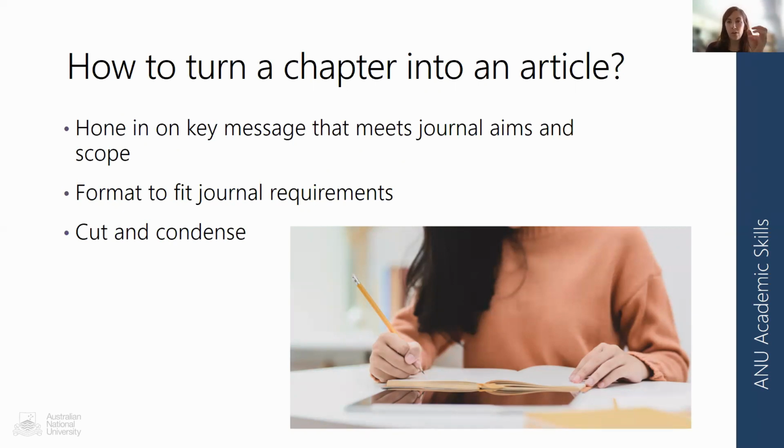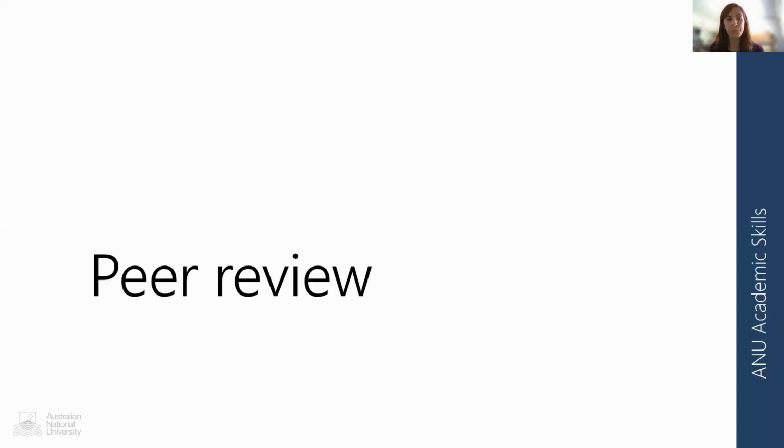You've got to think about really honing in on that key message kernel and then going through perhaps the IMRAD stages of intro, methods, results, discussion. But it's probably going to take a rewrite in order to do it, rather than thinking, I've already written this, I've just got to cut some paragraphs and I can just send it out to whoever. It's going to take a bit more work than that.